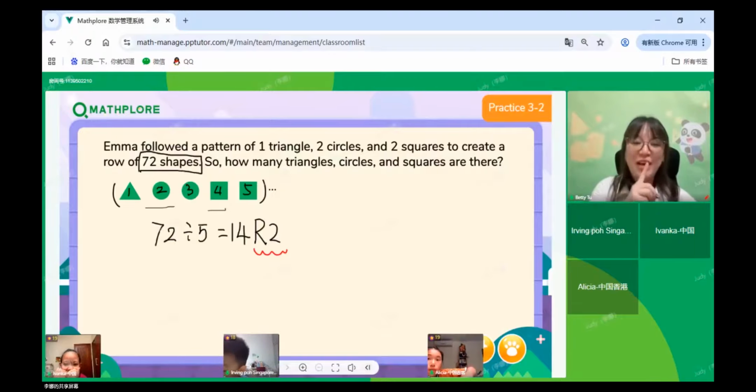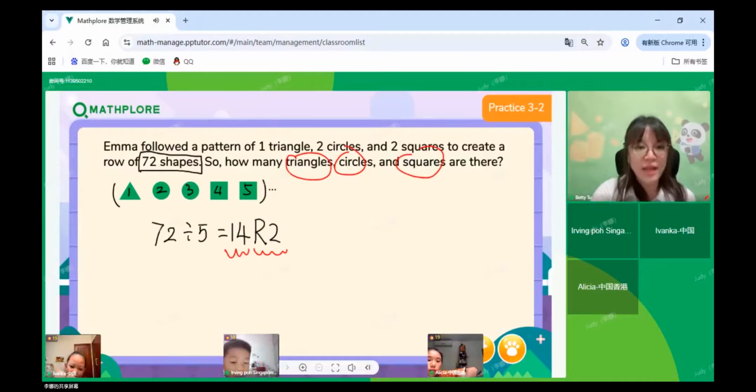All right. My second question, so wait for a while. Because this time we are finding how many triangles, circles, and squares there are respectively, we are going to find how many whole groups there are, and if we have extra shapes, right? So we have 14 whole groups and then another 2 more shapes.